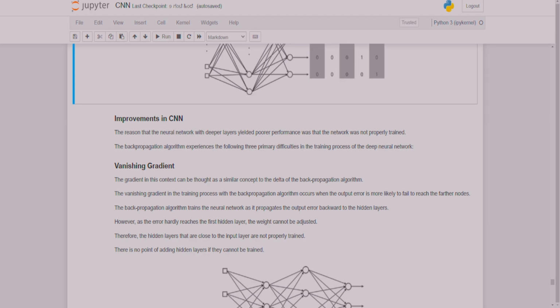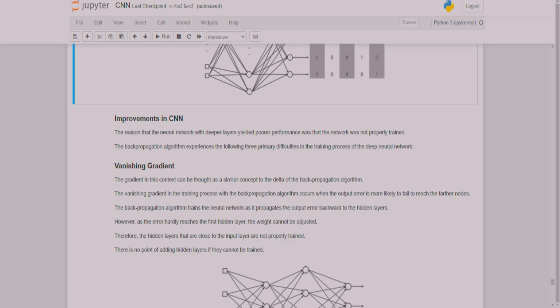Why? We are going to see that. So what are the various improvements that have happened under deep learning, starting from the convolutional neural network, where we have many other networks to study? How are they performing better?